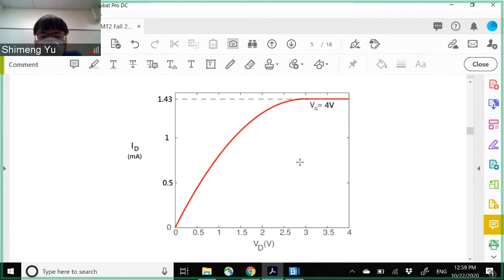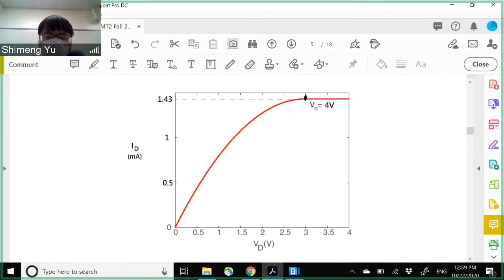So how to do that? In this curve, you see one turning point here. So we should use this turning point. This is ID versus Vd, which is different from the previous ID versus Vg.